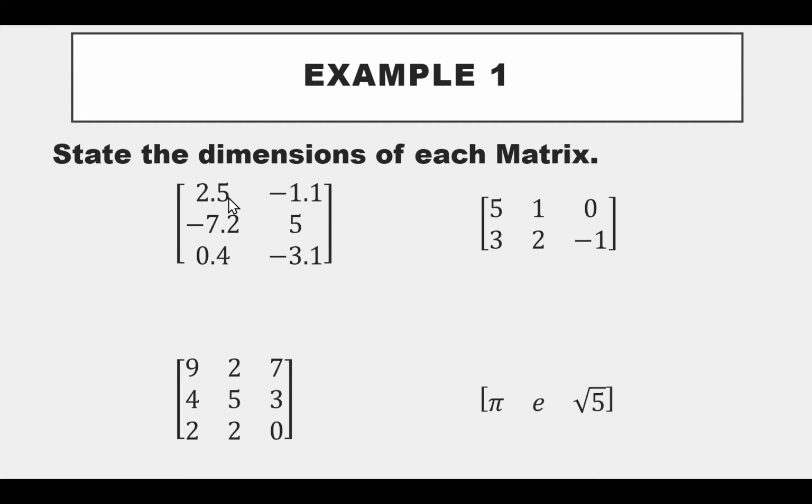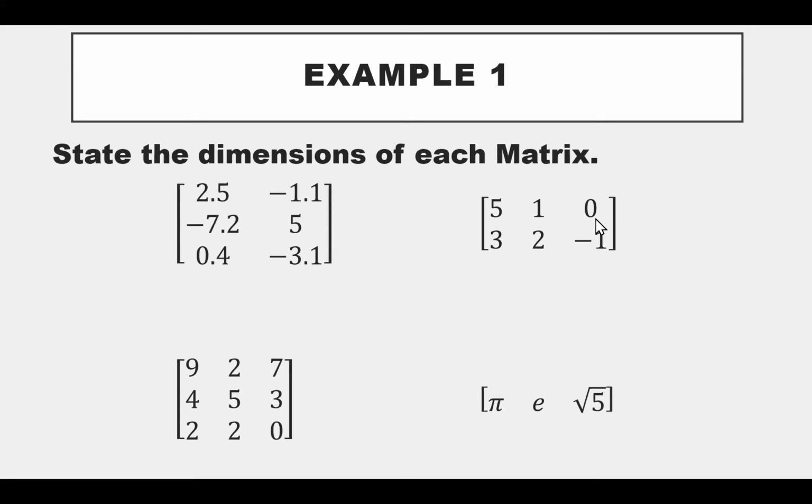So this first matrix has 1, 2, 3 rows and 1, 2 columns. So this first matrix in the upper left is a 3 by 2 matrix. It has 3 rows and 2 columns.